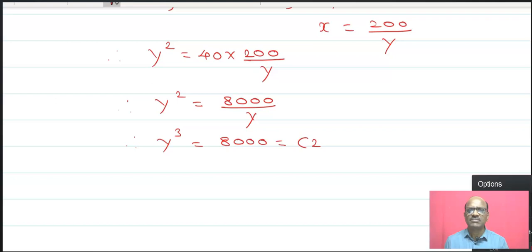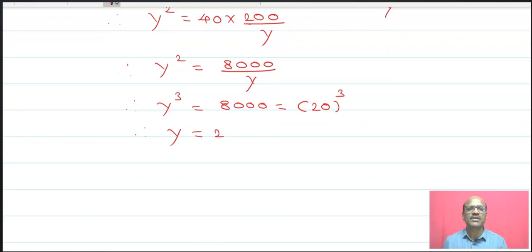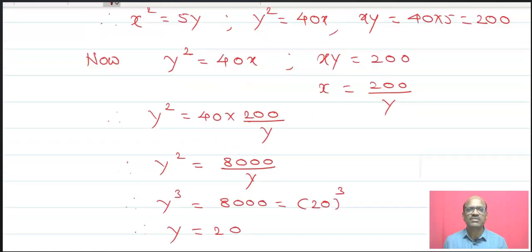This is the calculation, that is y square is equals to 8000 upon y. Now it will come to the multiplied, that is y cube is equals to 8000, and that is nothing but 20 cube. Therefore, y is equals to 20.